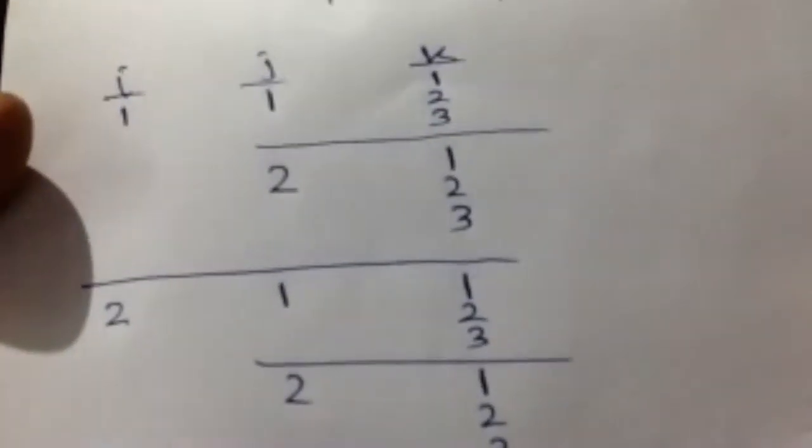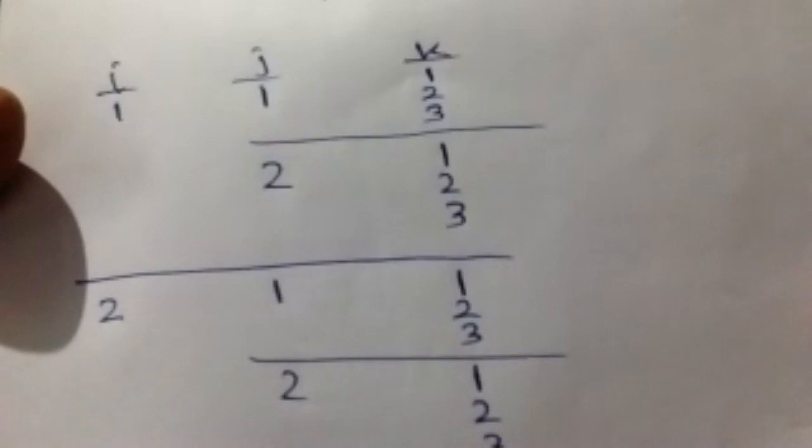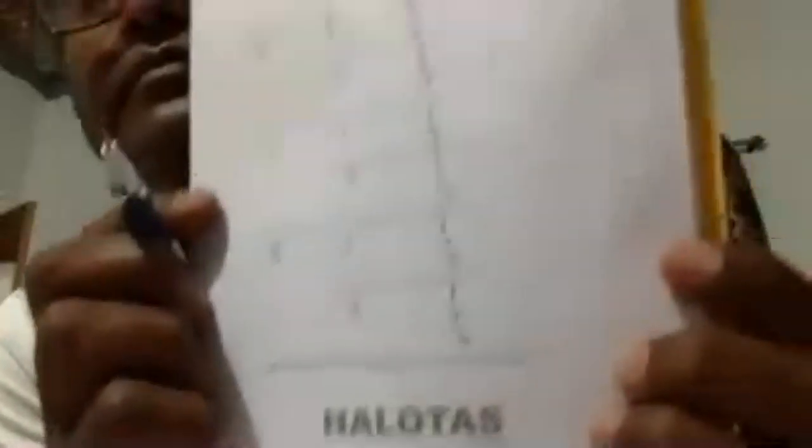What is the maximum value of I? 3, so it will go one more step.